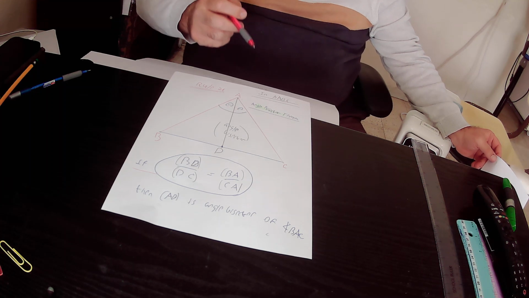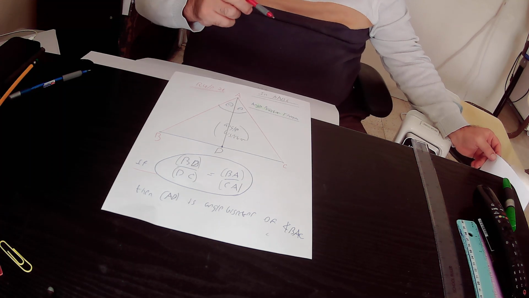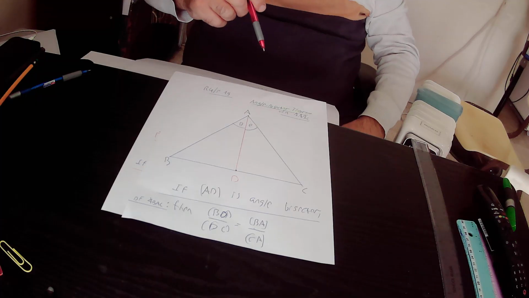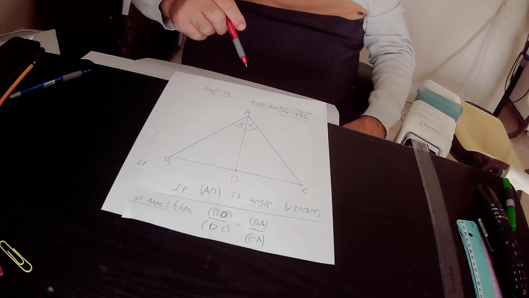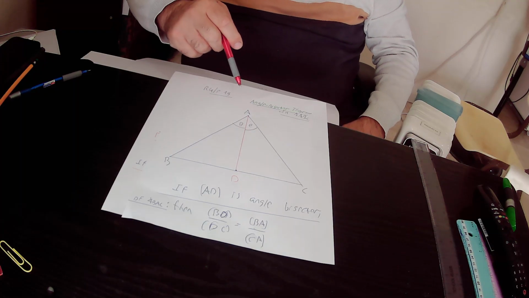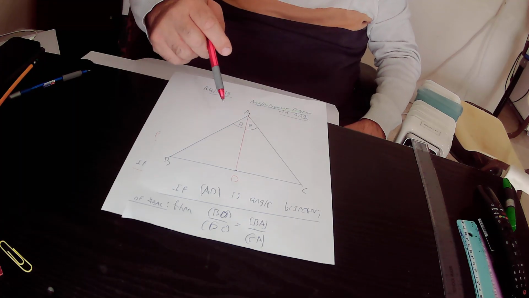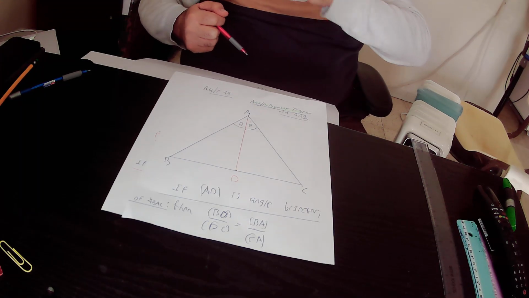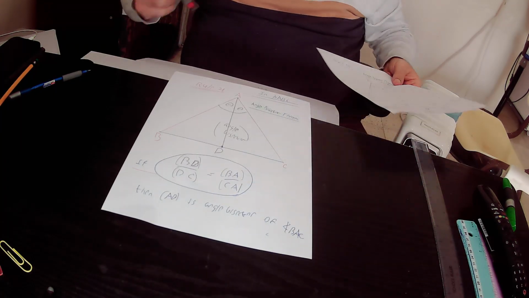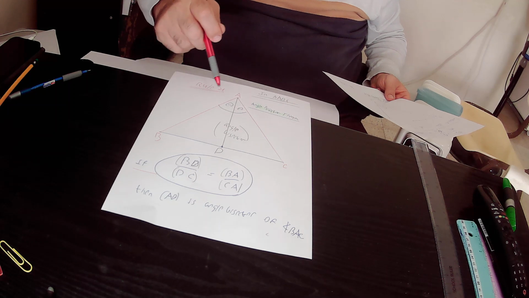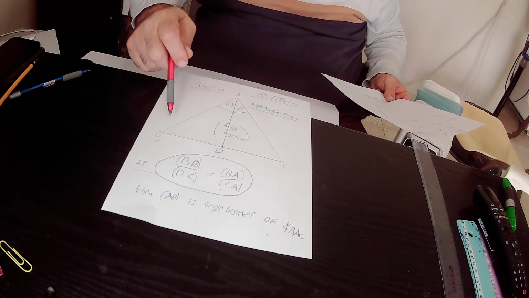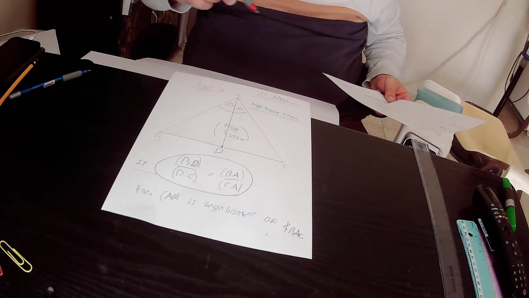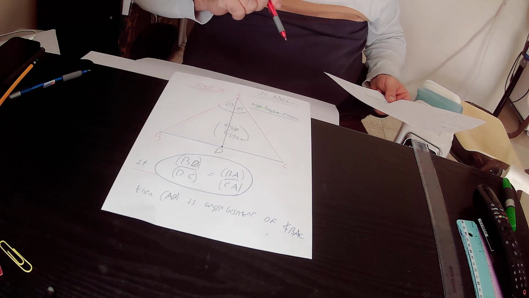So the angle bisector theorem works in both directions. The first direction is that if we know that AD is the angle bisector of this triangle ABC, then the following relationship exists between the sides of triangle ABC: BD over DC equals AB over AC. And the converse rule is, if we know that BD over DC equals AB over AC, then we conclude from it that AD is the angle bisector of this triangle ABC.